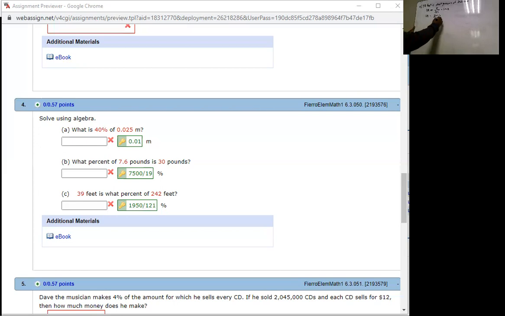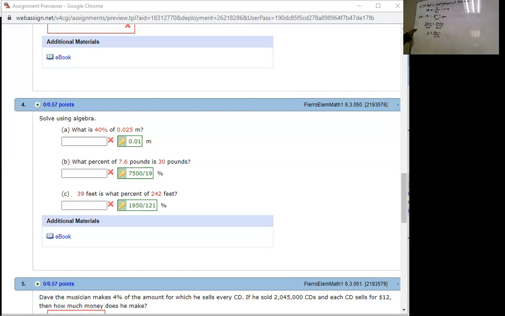And then the next step would be to multiply both sides by 100. On this side, it'd be 3,900 is equal to 242 times P. And then divide both sides by 242. I'm going to put the P on this side and the 3,900 over 242 on this side.